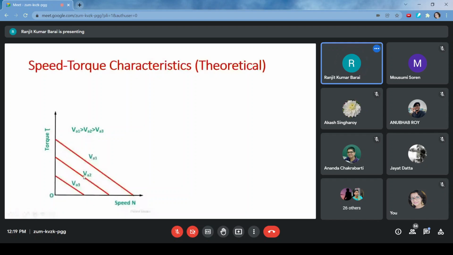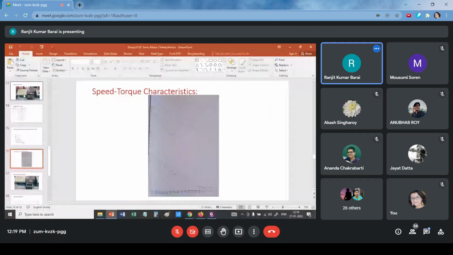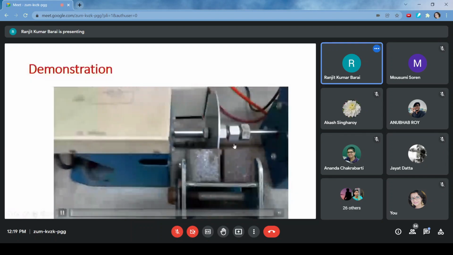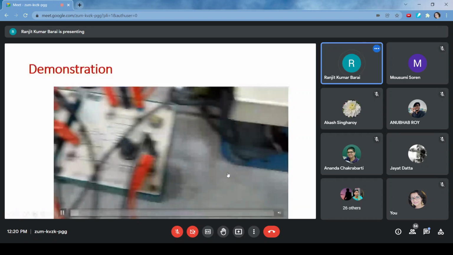Now it's position 5, some intermediate reading.